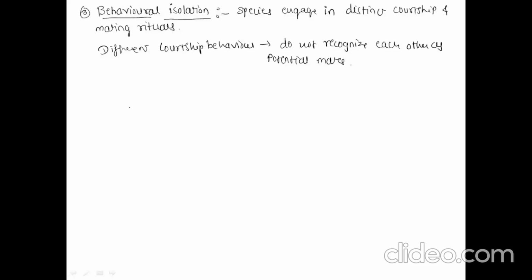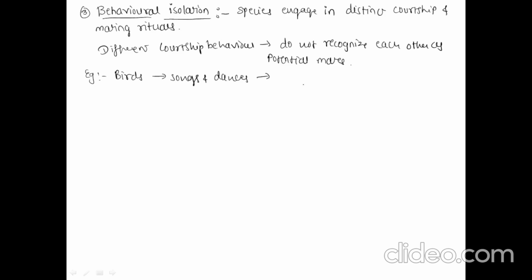Now we'll see the example for behavioral isolation. Birds may have different songs or dances that only attract mates of the same species. Birds may have different songs and dances.